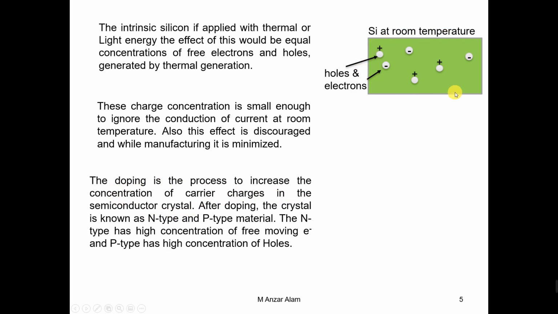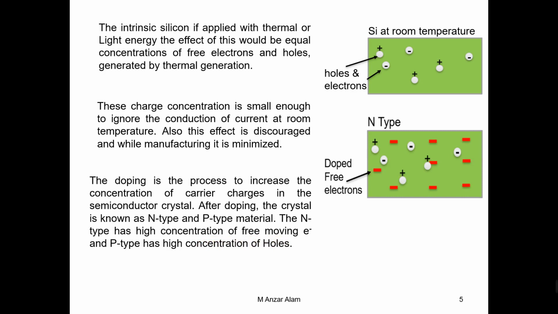So how we can increase the carrier concentration is by the doping process. Okay, in the semiconductor crystal, after doping, the crystal is known as N-type and P-type material. The N-type has a high concentration of free moving electrons, and P-type has a high concentration of holes. We have done these things.